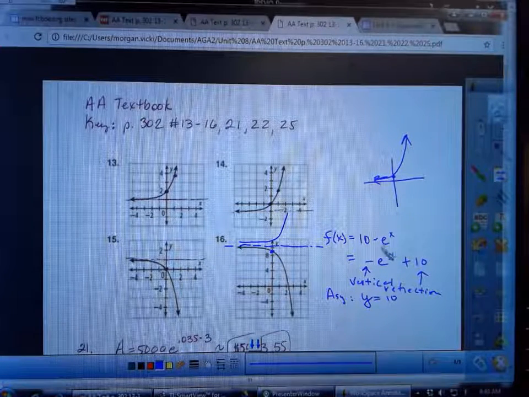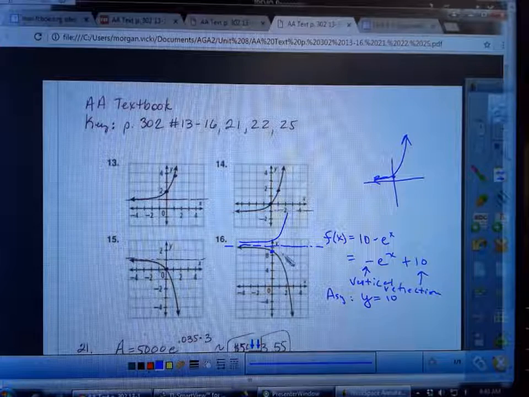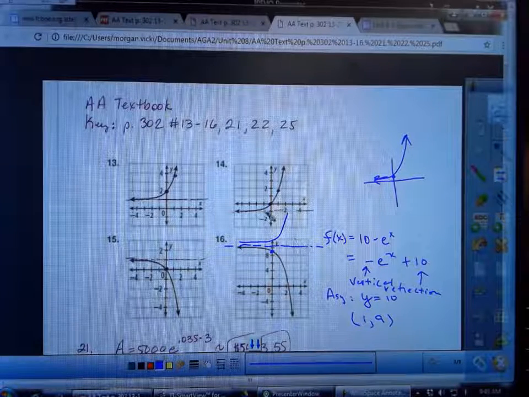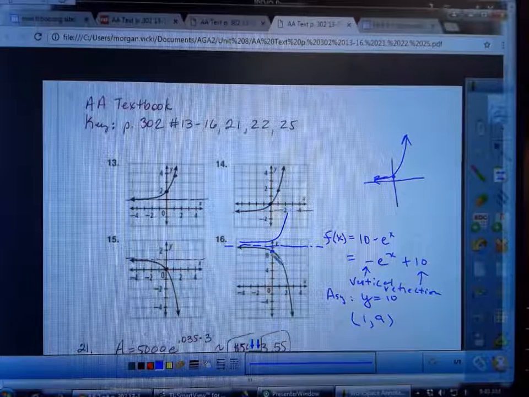Let's see. So e to the 0 is 1. Negative 1 plus 10 should be at 9. So that's not what the graph looks like, though, is it? But you should have a point at 1, 9. No wait, I'm saying the wrong thing, it is 0, 9.